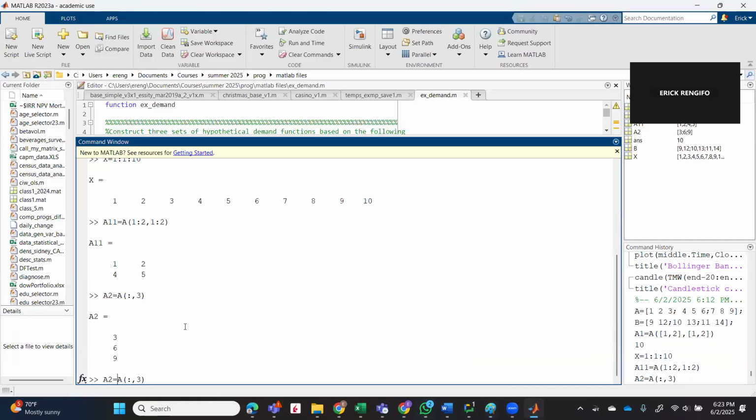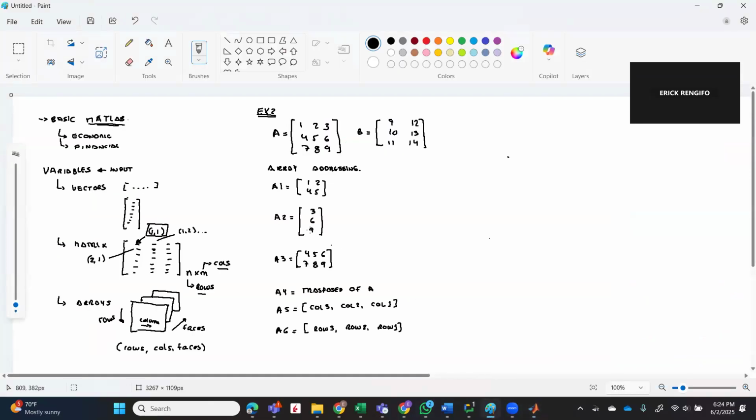This is my A3. I want from here my second and third rows, all columns, right? Yes, it's the second and third row, all columns.